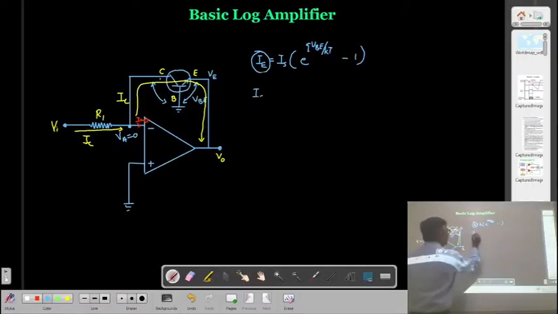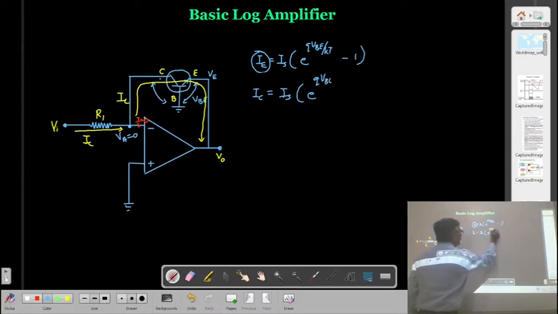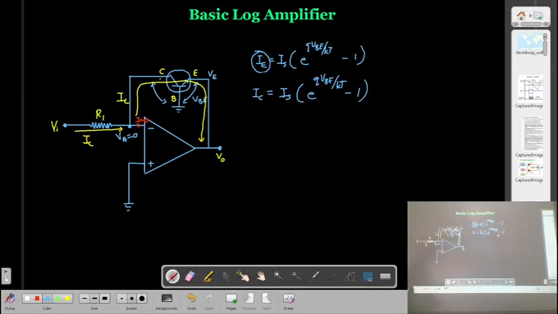So IC is equal to IS into e raised to QVBE by KT minus 1. Correct? And therefore, now we have some mathematical manipulation.